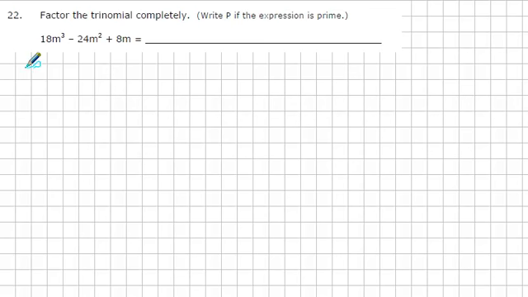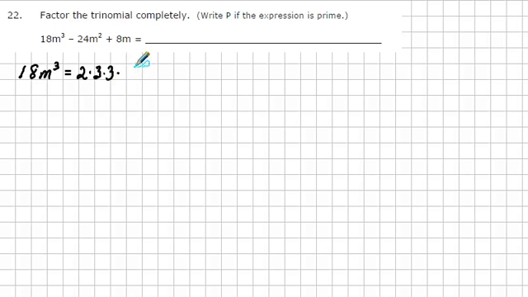We'll start off with 18m cubed. 18 is even, so it's divisible by 2, so we'll write down 2 first. And we know that 2 times 9 is equal to 18, and 9 is 3 times 3.